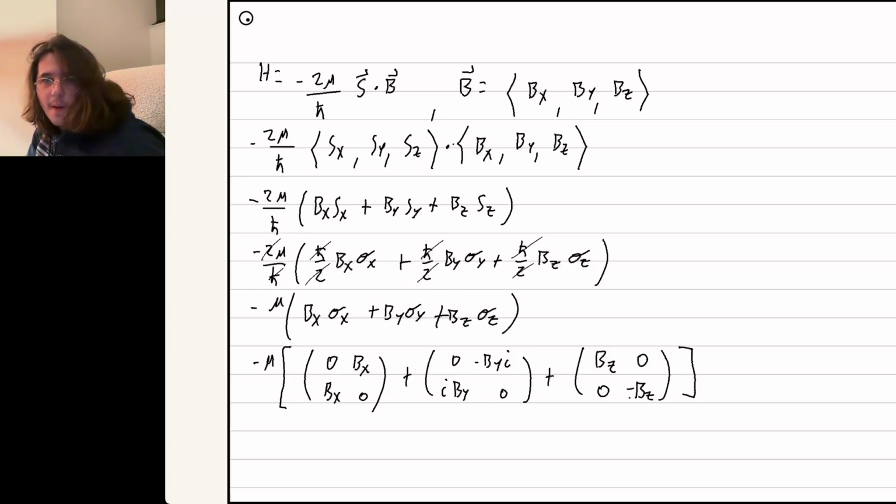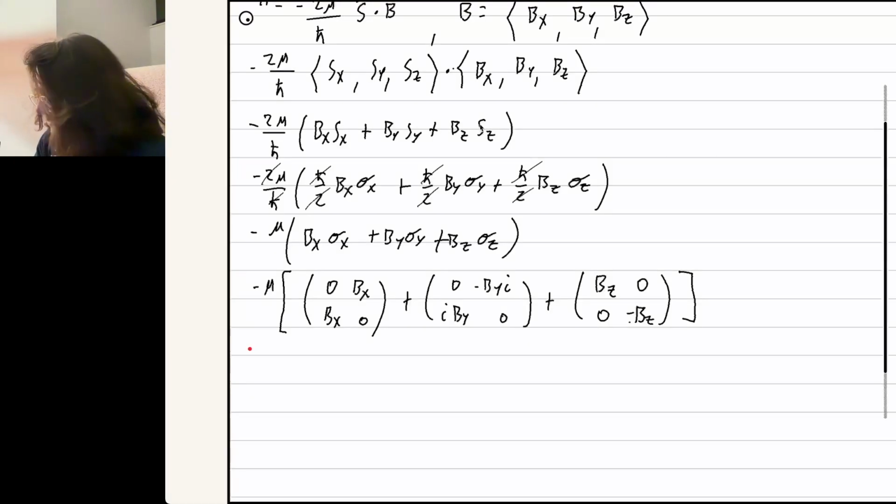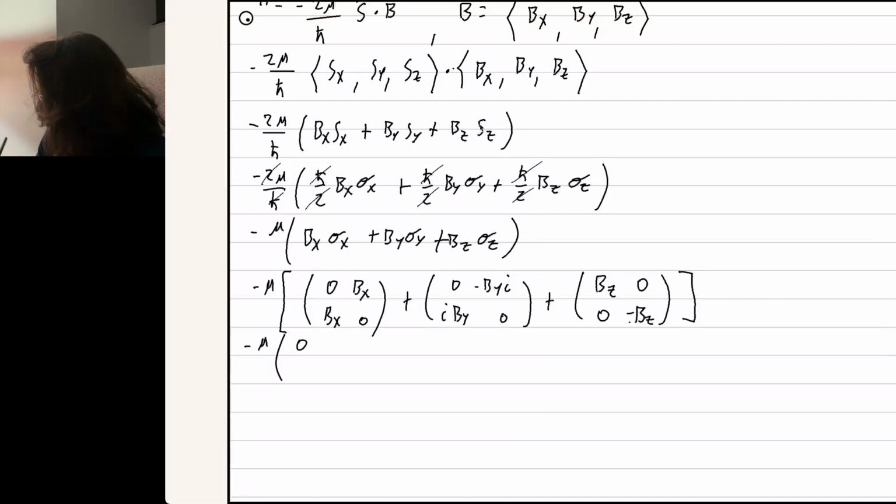Just gonna make sure I got the sign right on Pauli y. Okay. Adding these matrices together, the final matrix will be bz, bx minus i by, bx plus i by, minus bz.